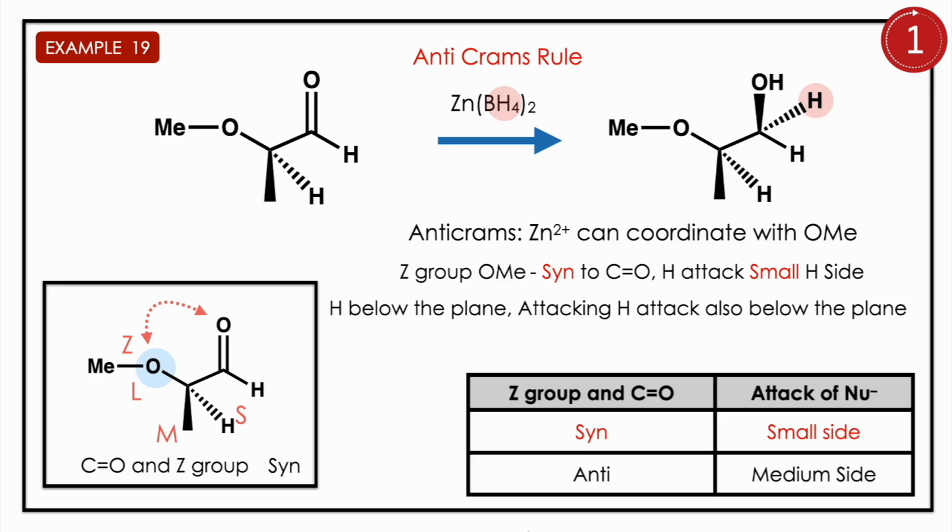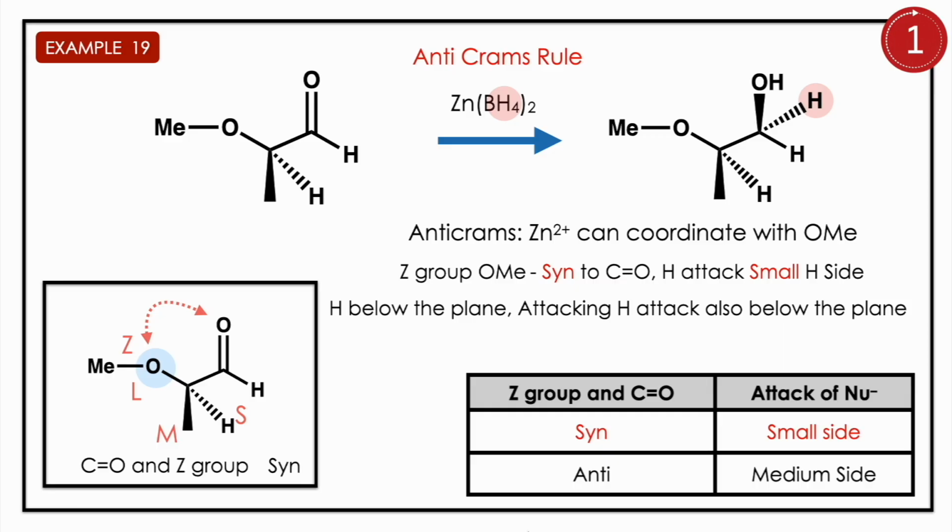Let us assign large, medium and small. Here the large group is the O-methyl group. It is also a Z group. Medium is the methyl group. Hydrogen is the small group. In Anti-Cram's rule, the relationship between Z group and carbonyl is important, which is syn to each other.